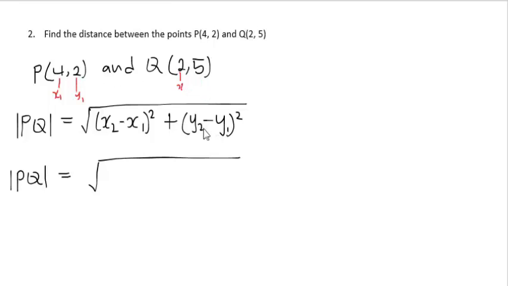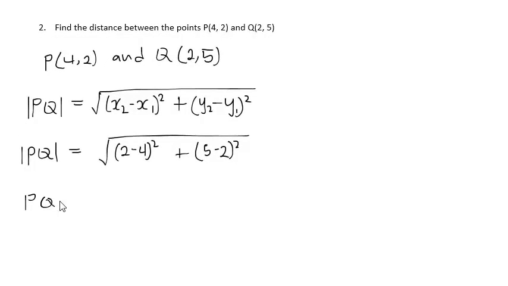Alright. So my x2 is 2 minus my x1, which is 4. So 2 minus 4 squared plus my y2, which is 5 here. So 5 minus y1, which is 2, all squared.